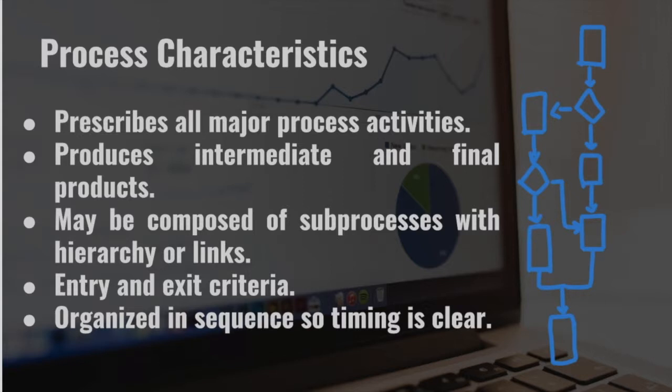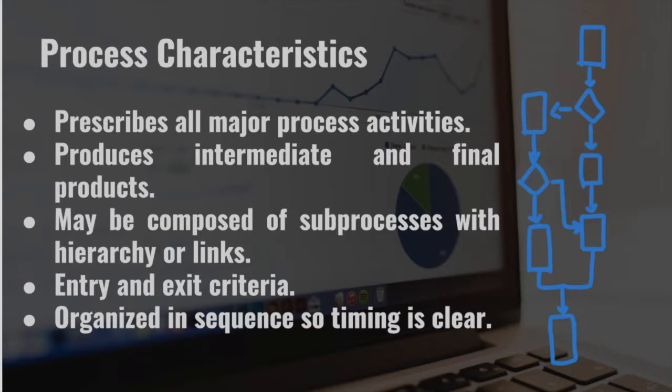It will produce intermediate and final products, which means that you are constantly going to be able to picture what the product that you want to deliver is looking like at the moment, and that way you're able to perform changes and all the required modifications in order to reach the final product that you or your customer desires. As we see on the right, it may be composed of sub-processes with hierarchy or links.